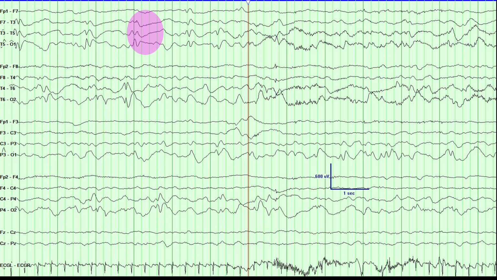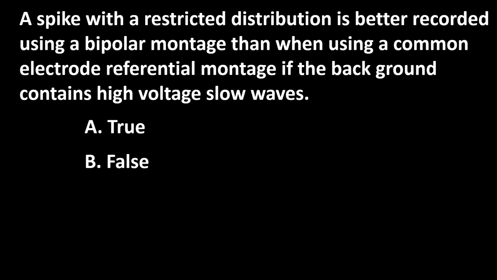So our ability to better see the spike using a bipolar montage stems from the appearance of a phase reversal and the ability of bipolar montage to eliminate coherent potentials. Coherence is more likely to occur with slow potential than with fast potential. Slow EEG potentials are more amenable to temporal summation than fast EEG potentials. So the answer to this question is true.